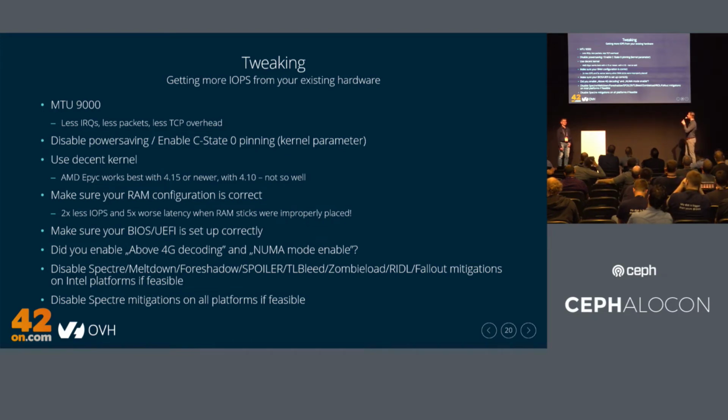And I think C-state pinning is something which is very unknown to people. Make sure you disable all the power saving for the CPU. Have it running at the highest clock speed at all times, and pin it to C-state 1 or C-state 0. I'm not going to go into the C-states themselves, but you'll see a huge improvement. If you take a stock CPU configuration, as I was testing with Supermicro systems, I had 2.5 to 3 milliseconds write latency for a 4K write, single thread.